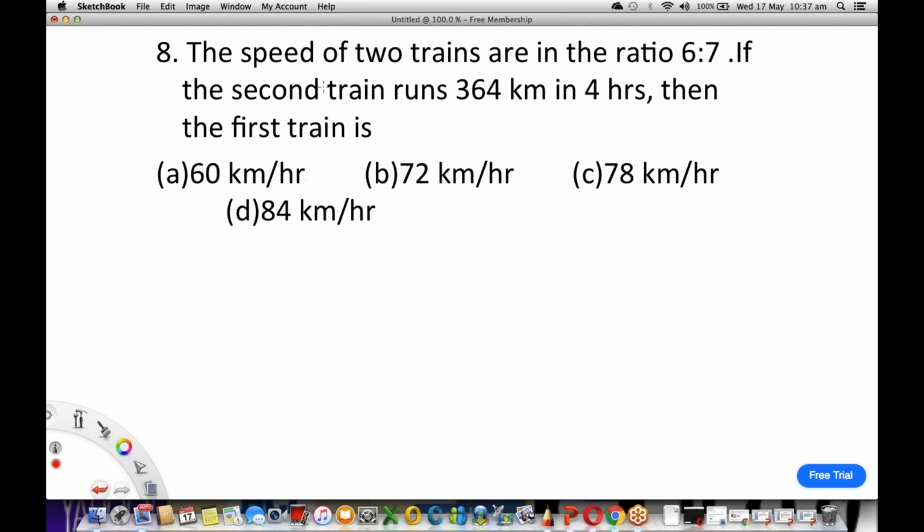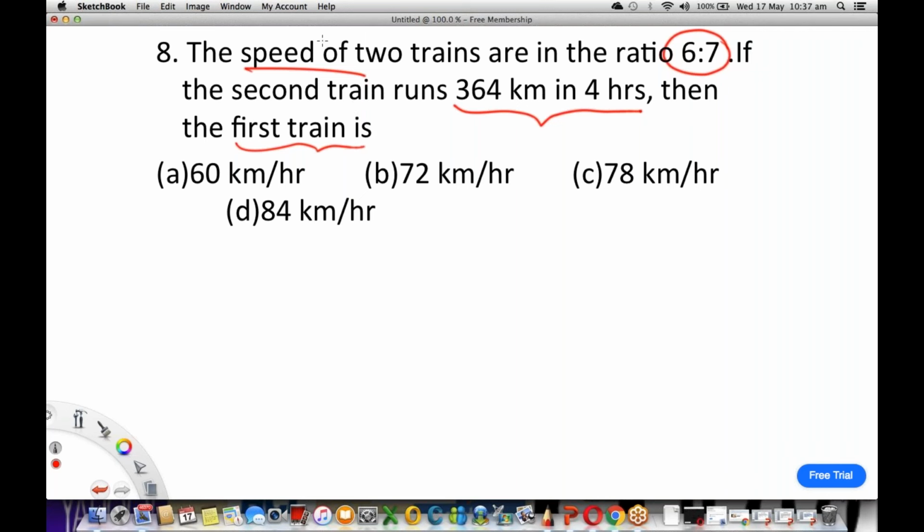See, in the given information, the speeds of two trains are in the ratio of 6:7. That is clearly mentioned. If the second train runs 364 kilometers in 4 hours, then what is the first train's speed?